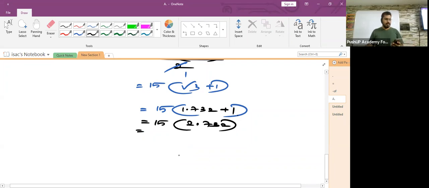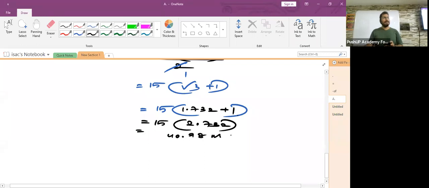Do it again. Sachin, how much did you get? 40.98. I think almost everyone has got 40.98. If you do 15 into 2.732, perfect, 40.98.